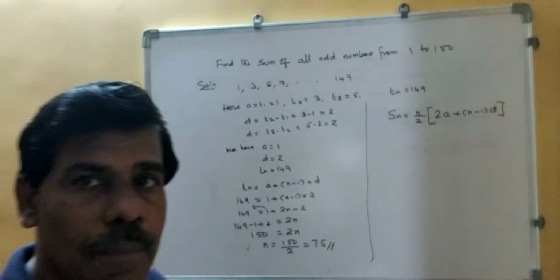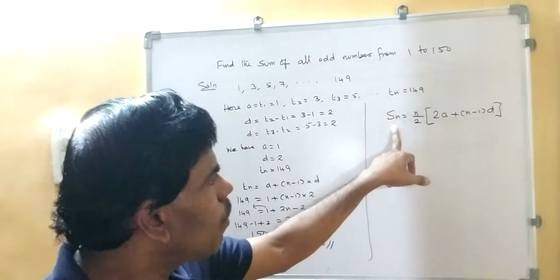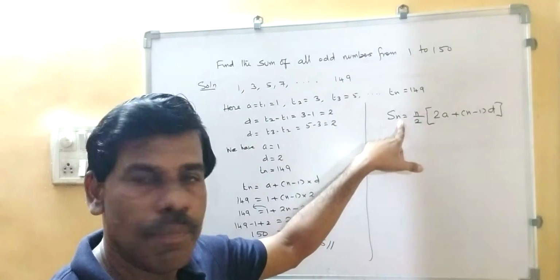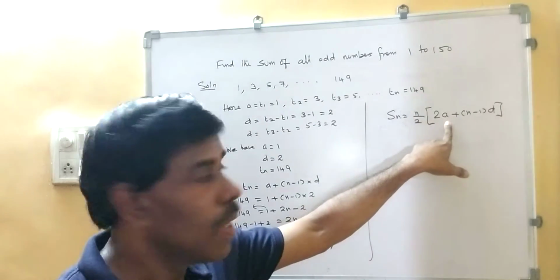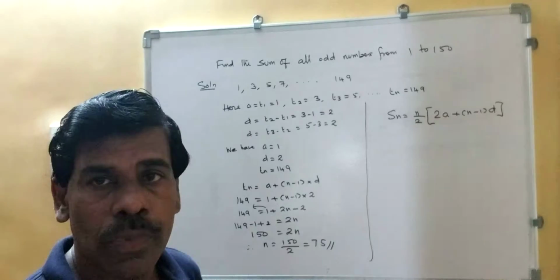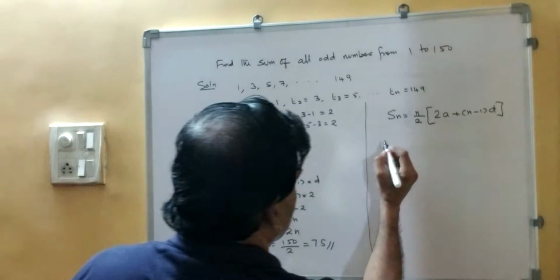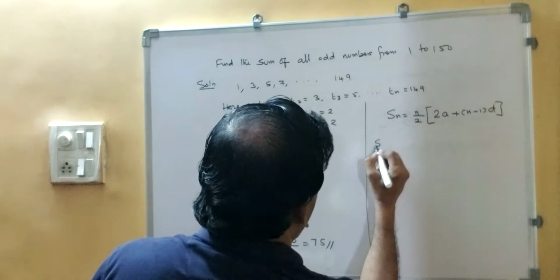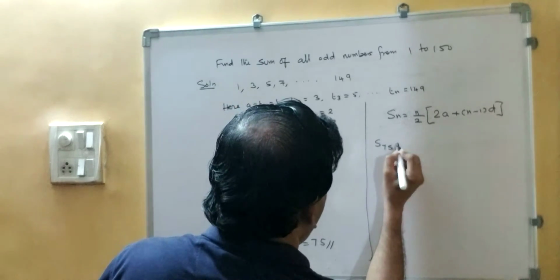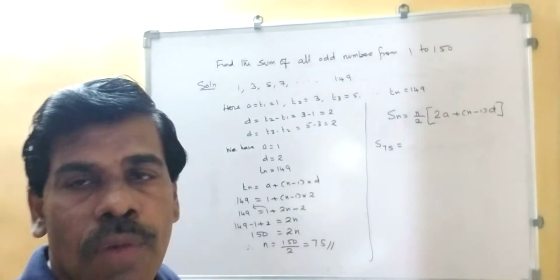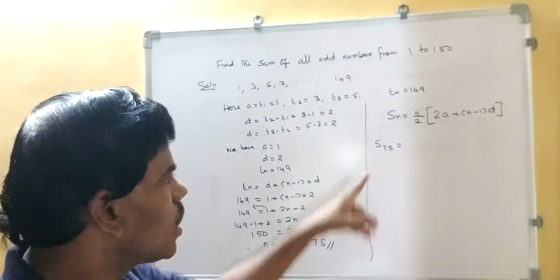Now, if you want to find out the sum of n terms, you need to have the value of n, the value of a and the value of d. Now we have got all a, d and n. Therefore, now substitute. S75 equal to, that means there are 75 odd numbers from 1 to 150.